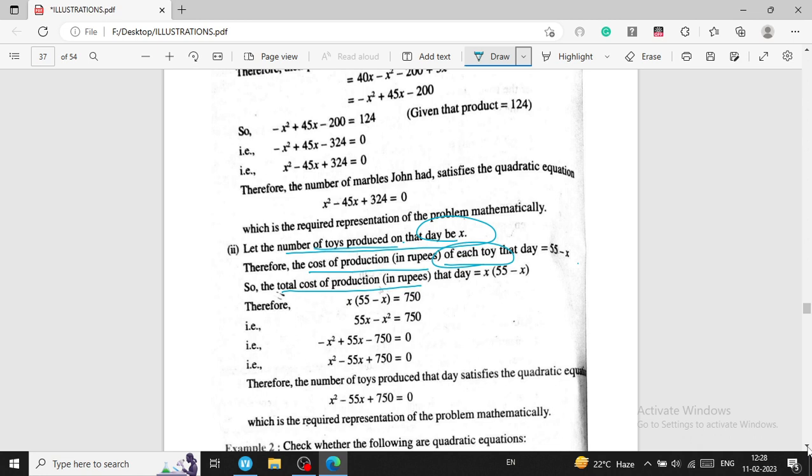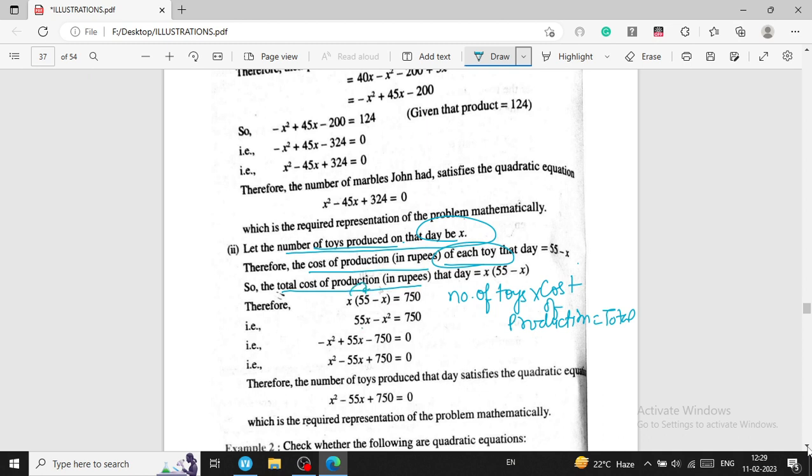And after that, the total cost of production will be the number of toys multiplied by the cost of production, and we will find out the total cost of production. So here we will use this method: x times (55 minus x) is equal to 750.